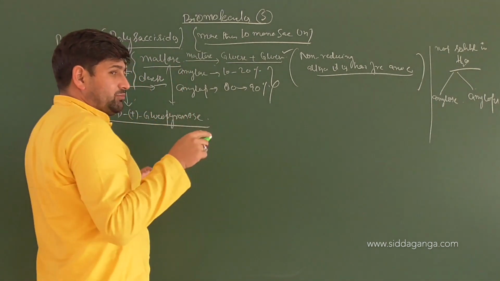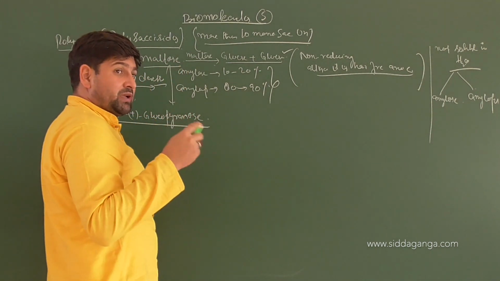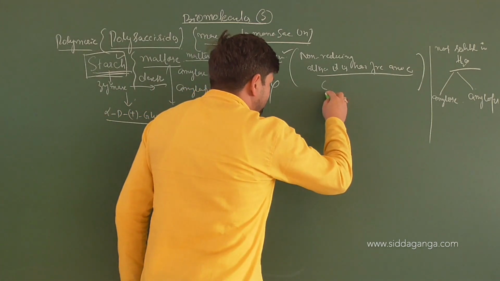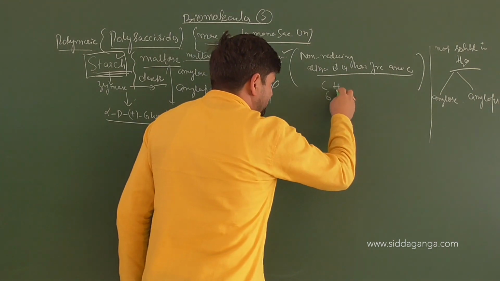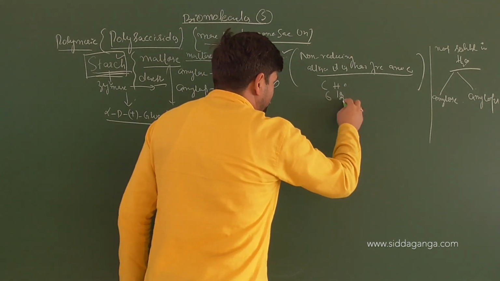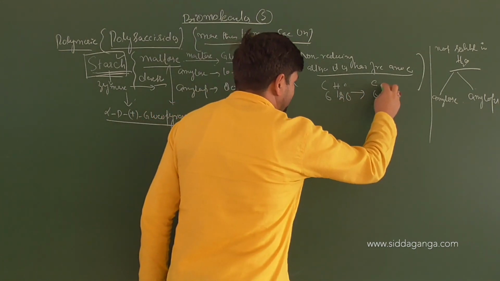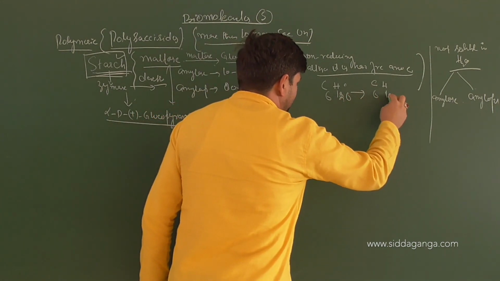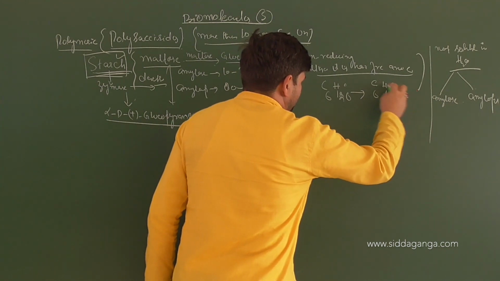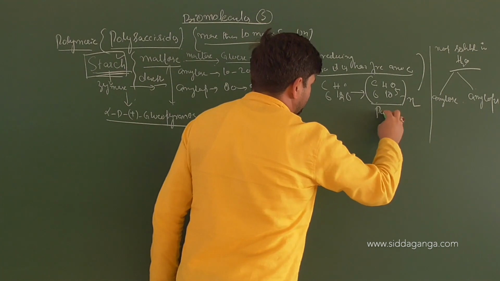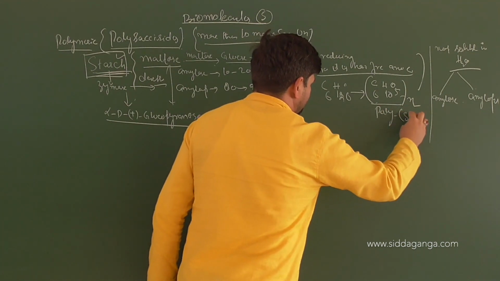We have the removal of a water molecule from each alpha D plus glucopyranose. The general formula C6H12O6, when you remove a water molecule from each, becomes C6H10O5, and this is repeated n times to result in the formation of the polysaccharide called starch.